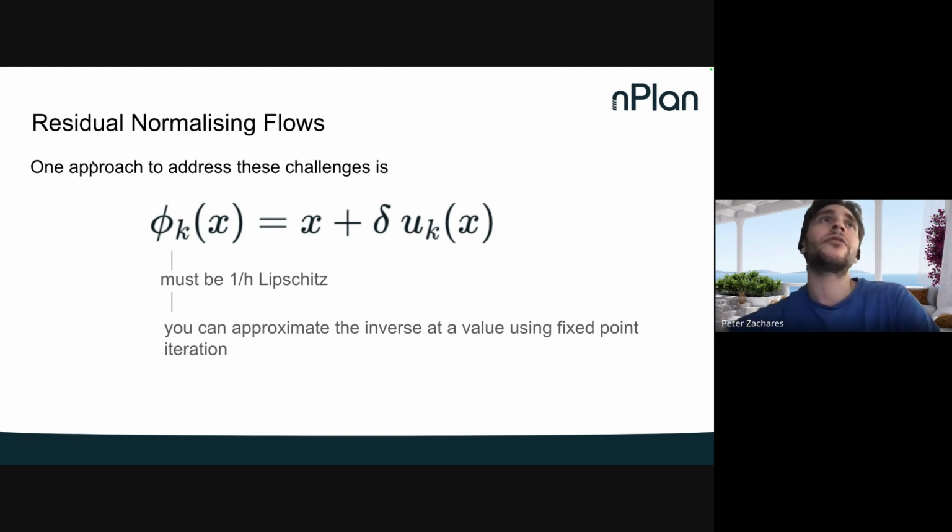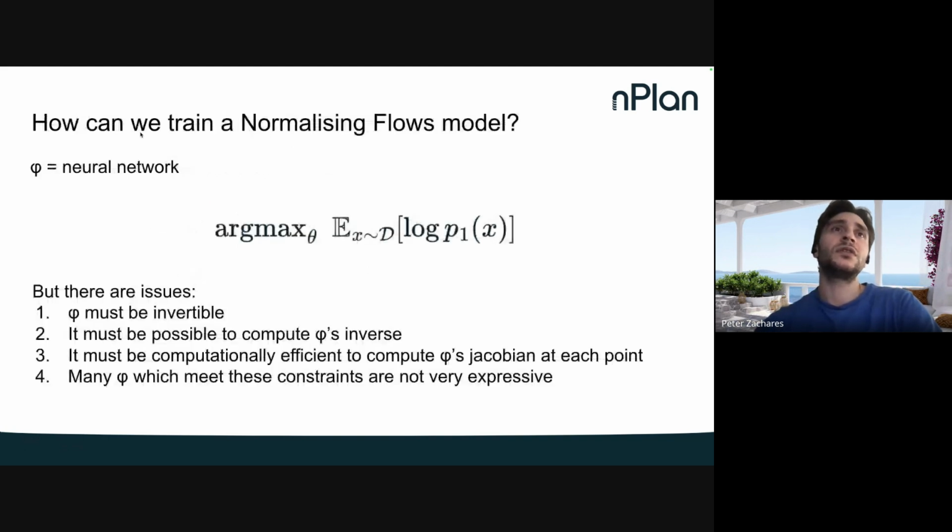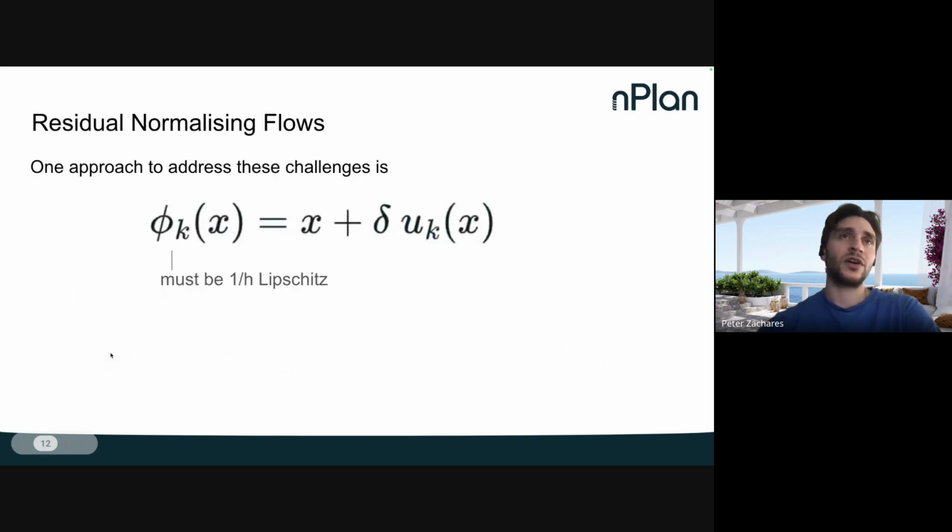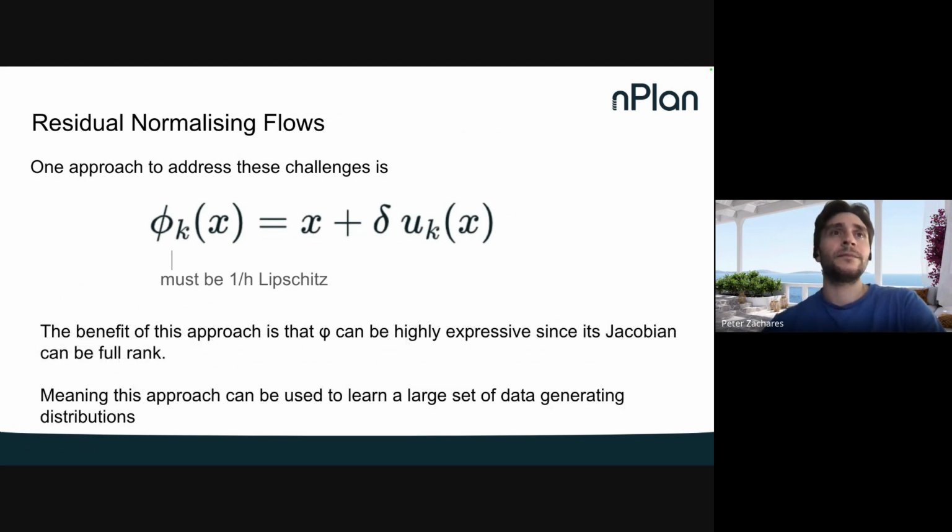So for residual normalizing flows, if we go back here, you know that 1 and 2 are checked, and maybe the Jacobian isn't very hard to calculate. They don't really mention it in the tutorial. But the big benefit of this approach is that the normalizing flow network phi can be highly expressive, since its Jacobian can be full rank.